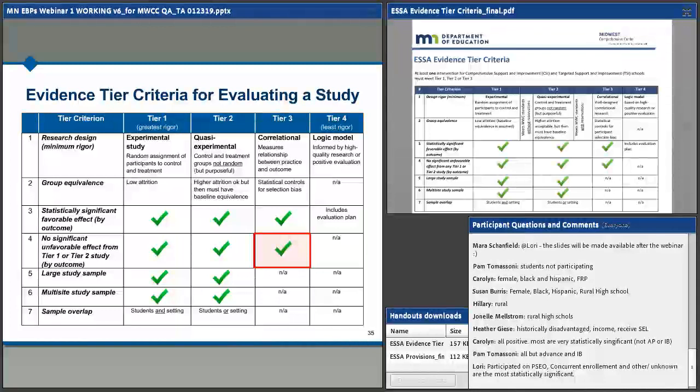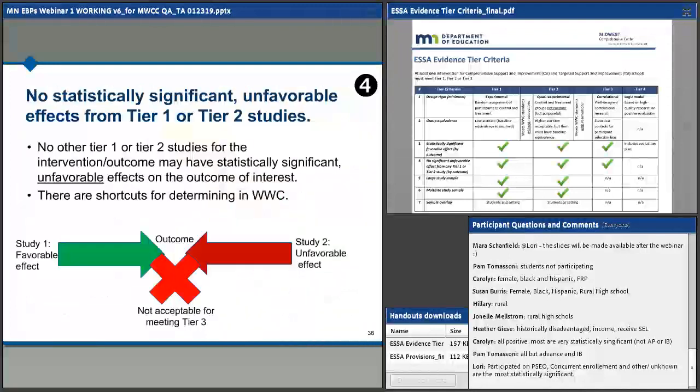A couple of qualifiers: those studies that may override you have to be Tier 1 or Tier 2. So if you find a Tier 3 study that has negative impacts, that does not override the significance of a study you found. Specifically, there has to be a Tier 1 or Tier 2 study that has significant negative effects.